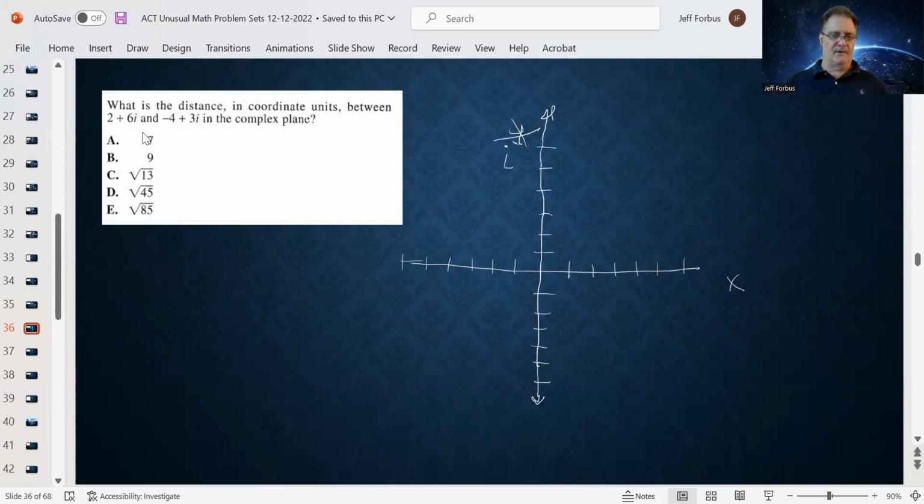So let's go to the first one, -4, 1, 2, 3, 4, and 3i, go up 3, right about there. And then 2 and 6i, so 1, 2, and go up 6. So 6 would be right here.